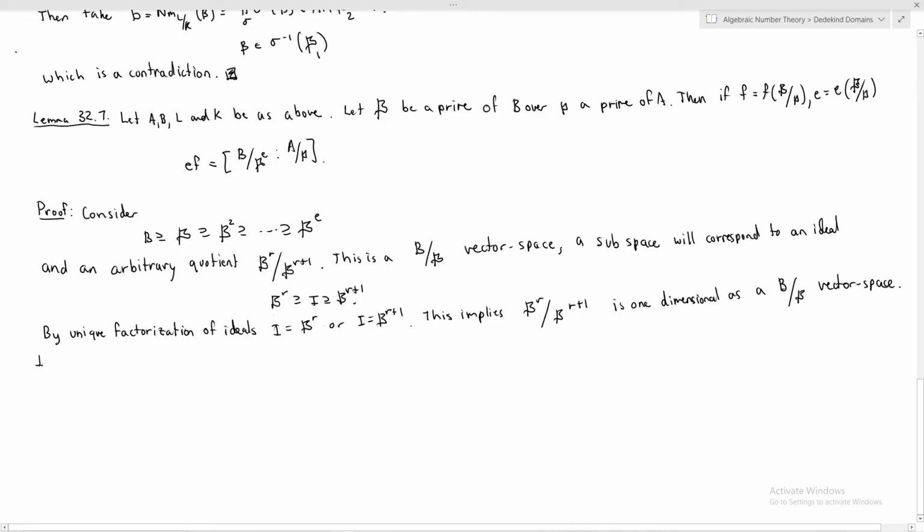If it's one-dimensional as a B mod P vector space, then we have an isomorphism. This guy's going to be isomorphic as B mod P vector spaces, but also as A mod P vector spaces, so that whatever isomorphism you write down here is also going to be an A mod P vector space isomorphism.